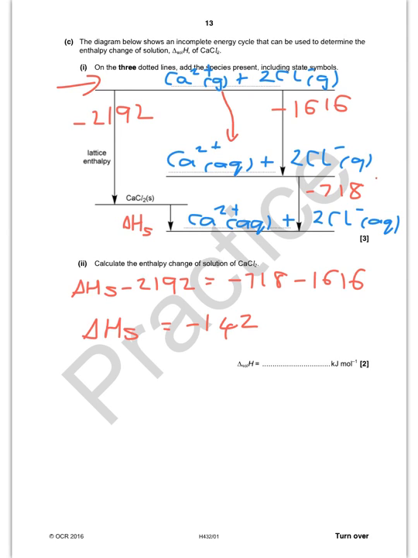And then the second is the enthalpy of the chloride ion. You have to times that number by 2, of course, because you've got 2 chloride ions. And then you pop that into your cycle, rearrange it to find delta H solution to be minus 142. Basically, this side here has got to equal that side there.